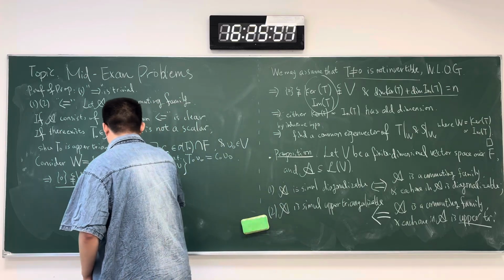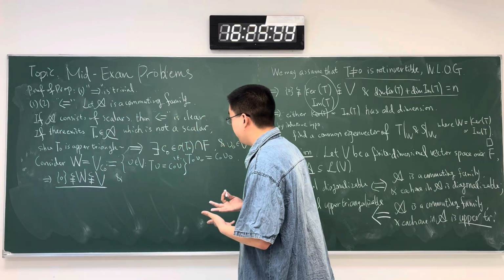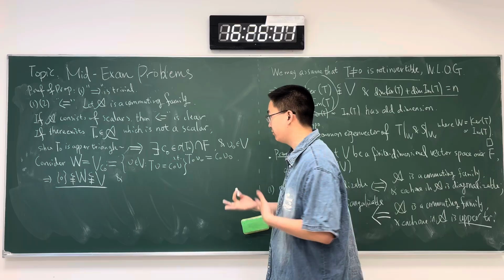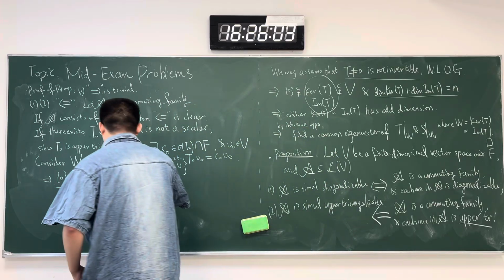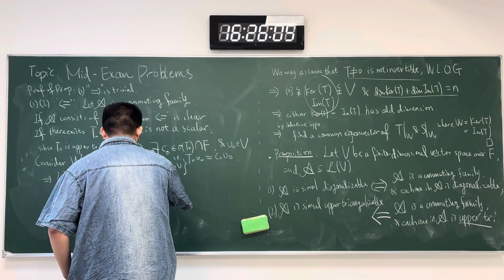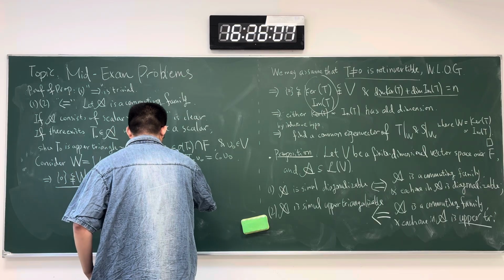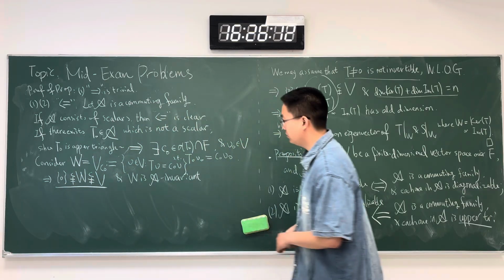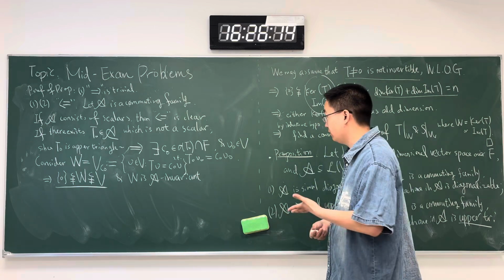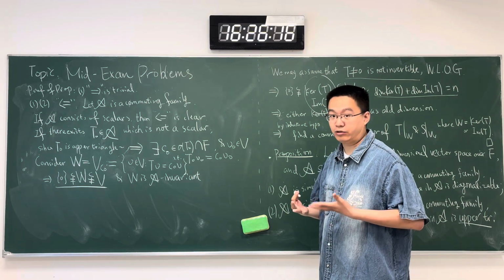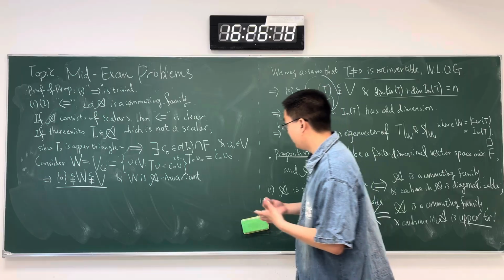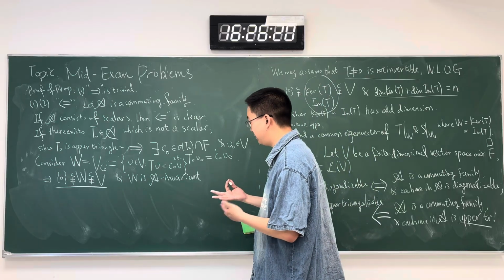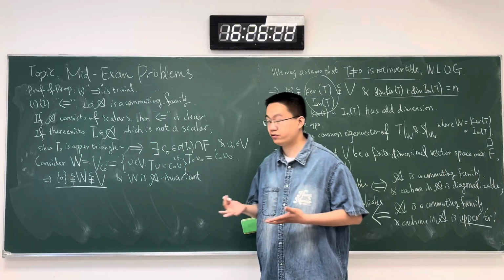And since all linear transformations in the family fancy A commute with T0, W is also fancy A invariant. So actually, as before in our problem number 4, we again reduce our problem to a non-trivial invariant subspace W.